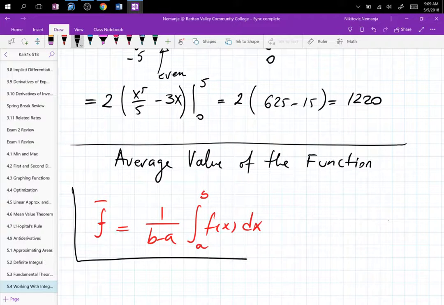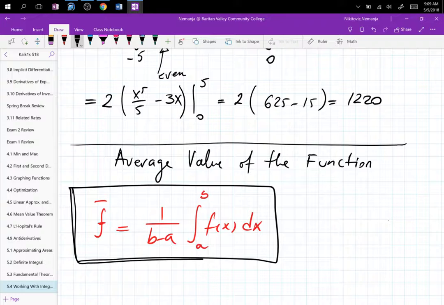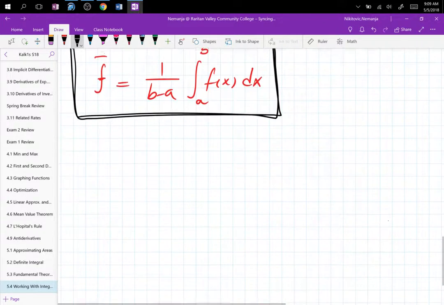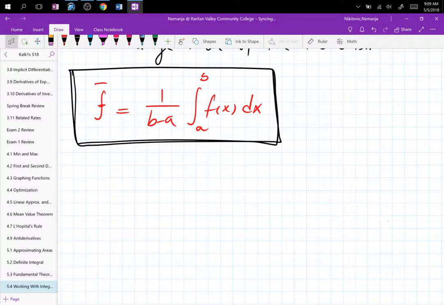So this is our average value. The average value will be computing the line that averages the function.